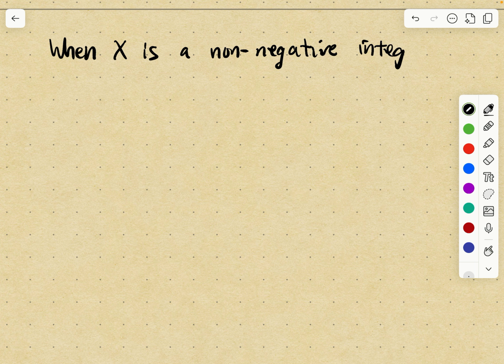The moment generating function is for any random variable, but when x is a non-negative integer valued random variable, it's often more convenient to look at something called the generating function of x.